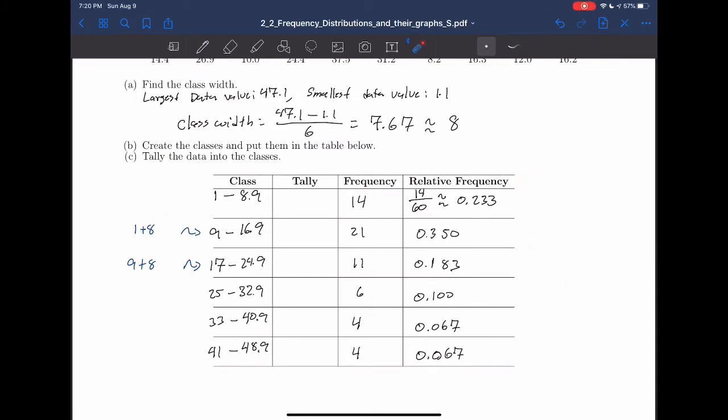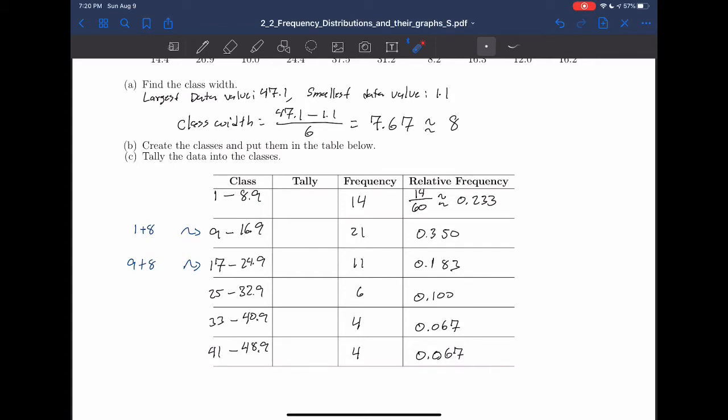So remember from the previous section that we were able to draw a bar graph out of these frequency and relative frequency distributions, but that was for qualitative data. Now we're dealing with quantitative data, so we actually draw something different.